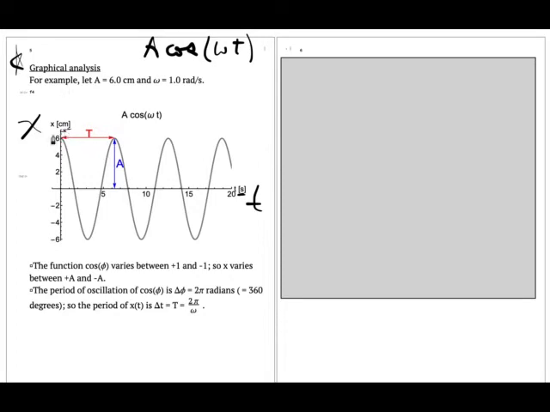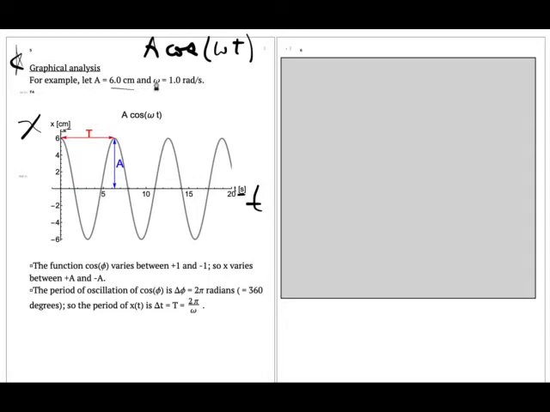Could be meters, could be centimeters. Let's say it's centimeters. Let's say that A is 6 centimeters, just for the purpose of drawing a graph. We'll have to put in a value of A. So in other words, the oscillating mass is oscillating back and forth between plus 6 centimeters and minus 6 centimeters. 6 centimeters is the amplitude of oscillation.